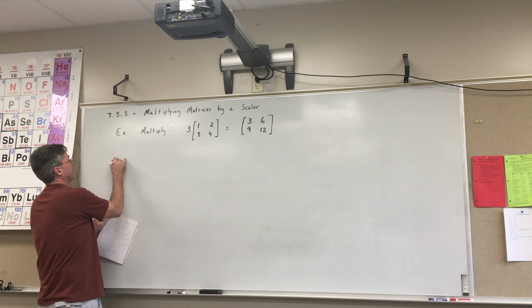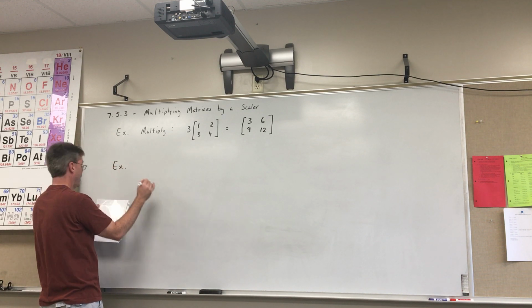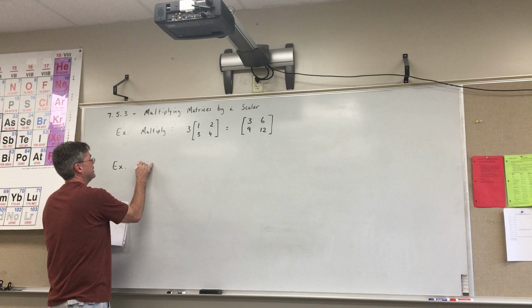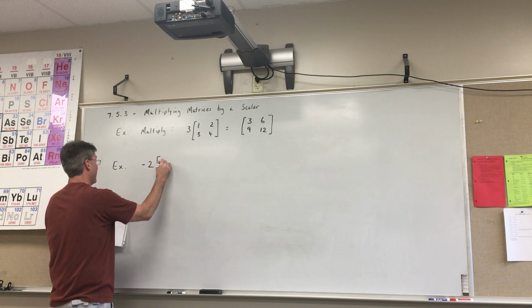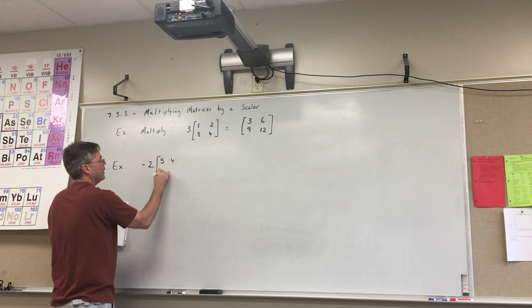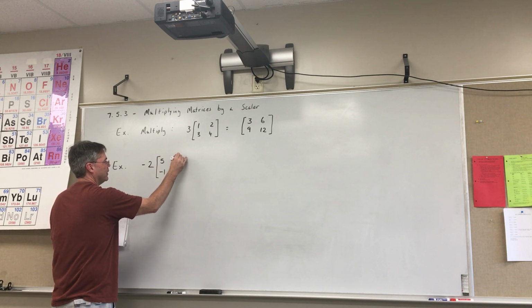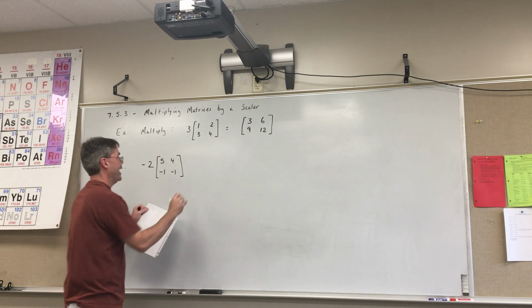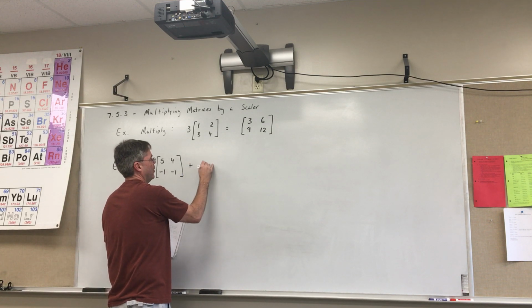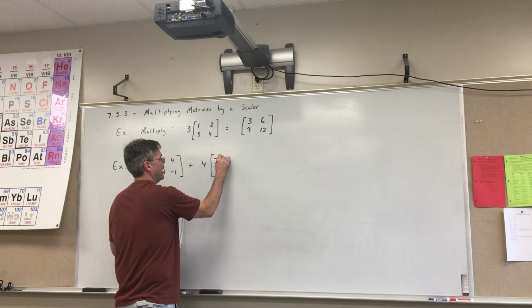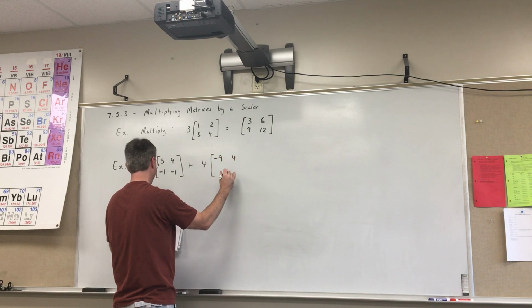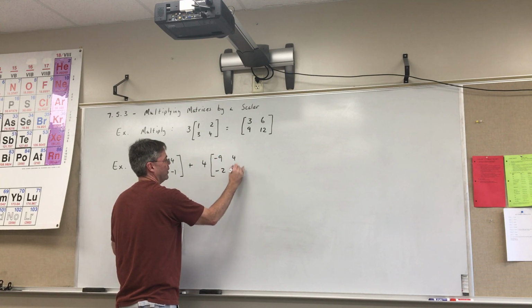Then we can add another operation. Let's take -2 times the matrix 5, 4, -1, -1, and then add to that 4 times the matrix -9, 4, -2, -1.